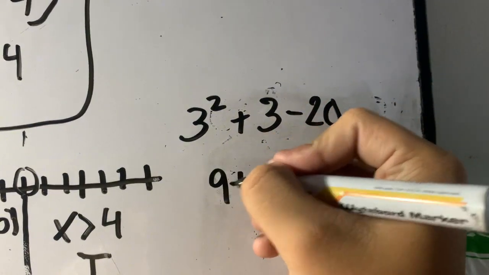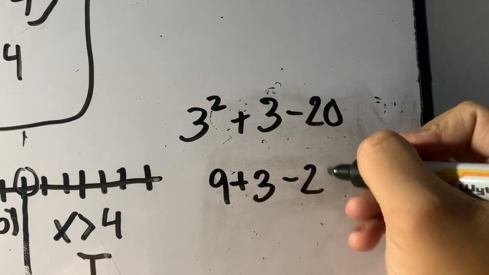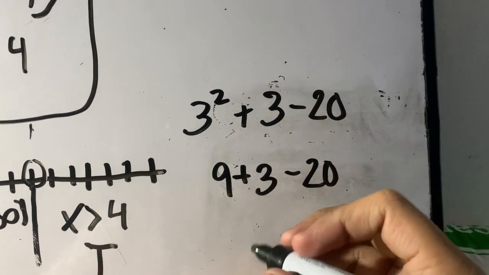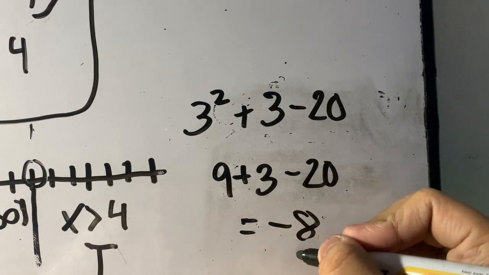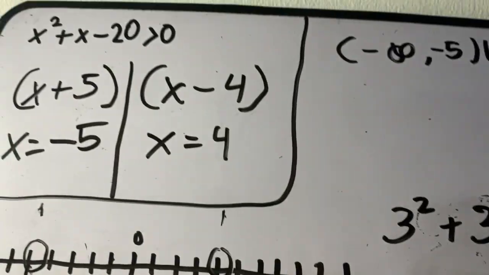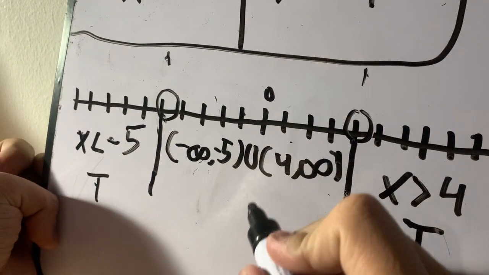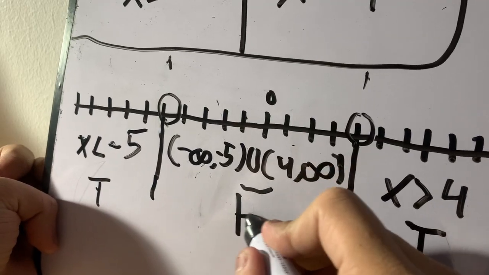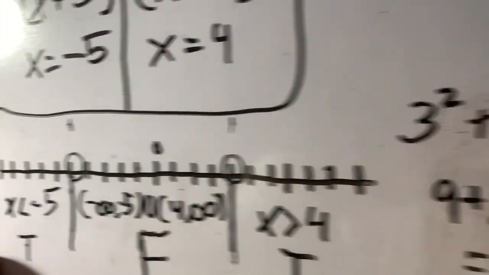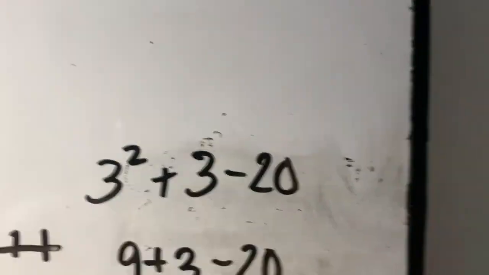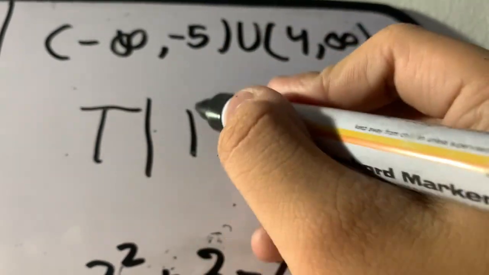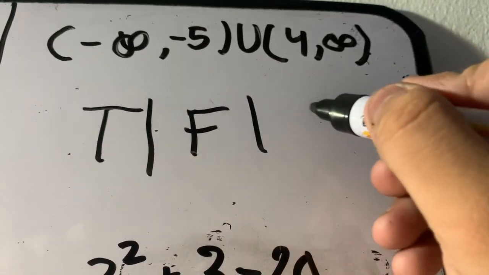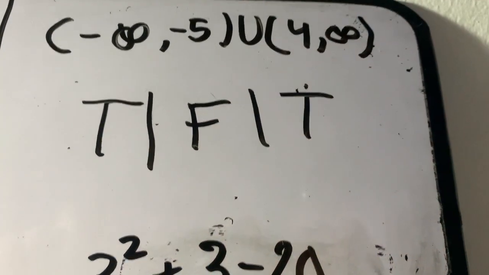So 9 plus 3 is 12 minus 20. That will lead us to negative 8. Is negative 8 greater than 0? That would be a false. So our answer will be now this: true in sector 1, false in sector 2, and true in sector 3.